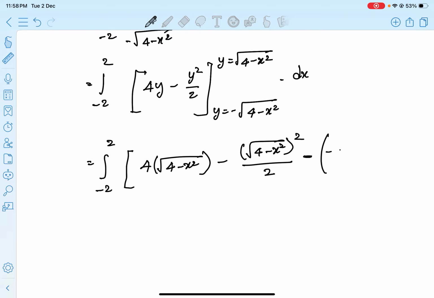Minus 4 into 4 minus x square, minus 4 minus x square the whole square root, by 2. So this 2 will cancel, square and root will cancel.